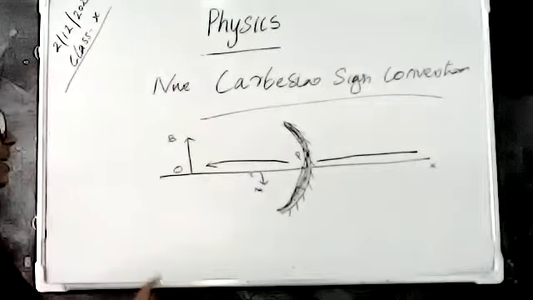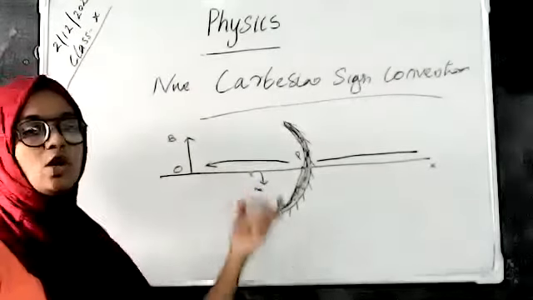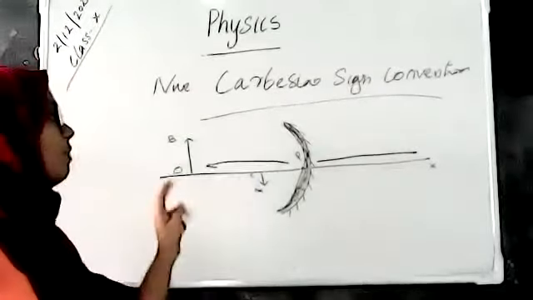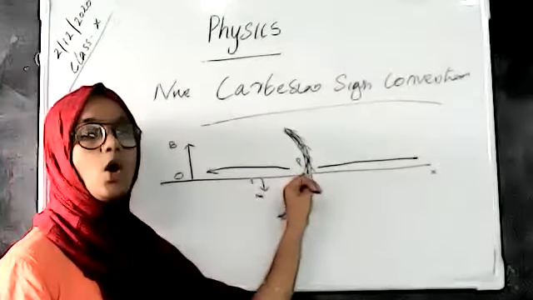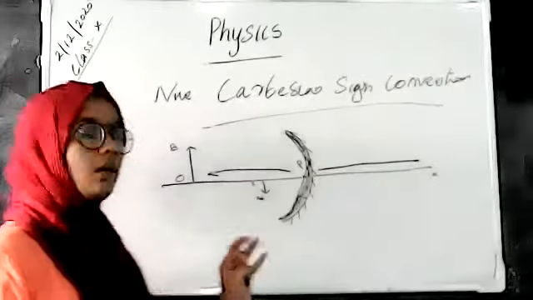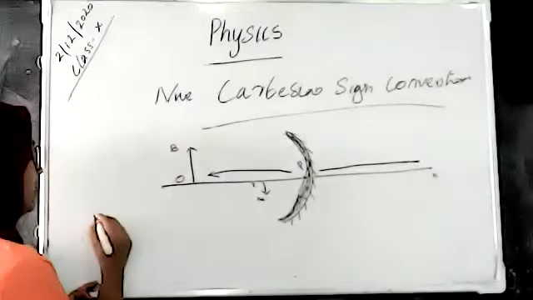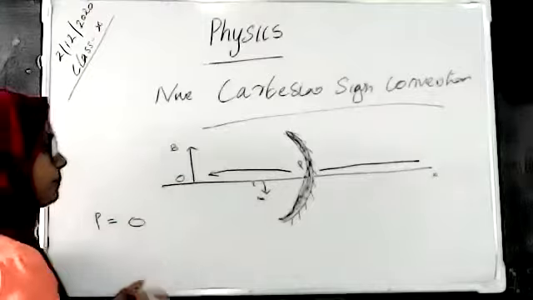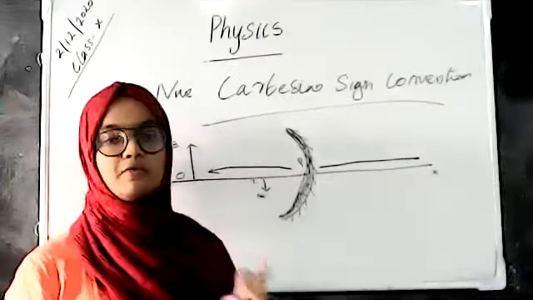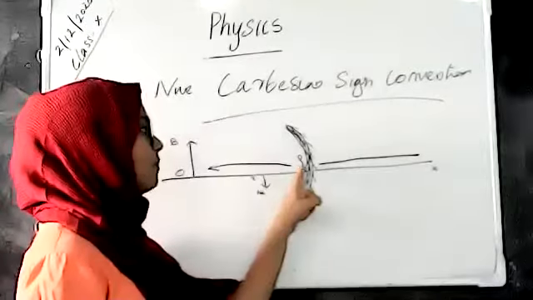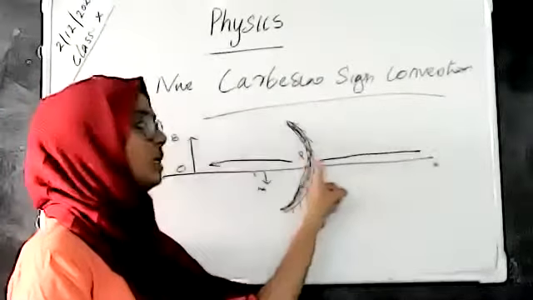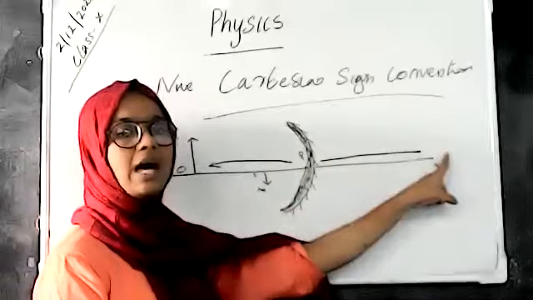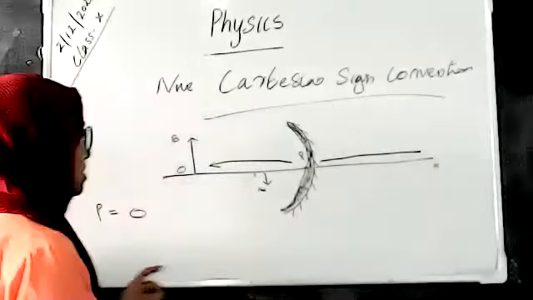So what are the signs of each of these? We know that the pole is taken as the origin of the graph paper, so P is equal to O. P is the origin of the graph paper. From P or O to the right side, the sign is taken as positive.